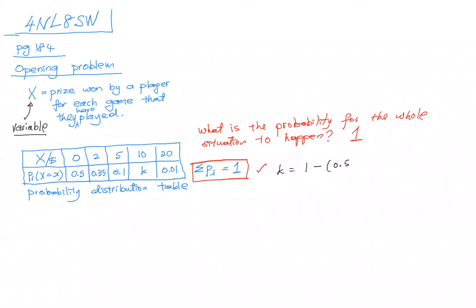Am I right? So in this case, the first question is, what is the sum of the probability in the table? The answer is 1. If the sum of the probability in the table is not 1, that means that table is not valid. It's not a probability distribution table. Do you get me?